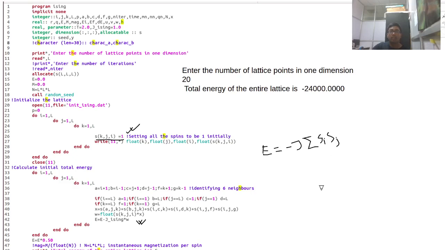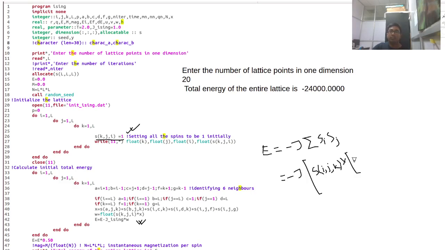in one dimension. Now what will you have in three dimensions? It will have this kind of a thing, minus J, let's say you have i j k, that will give you a particular site, and all of the nearest neighbors for this case will be multiplied with it, right?